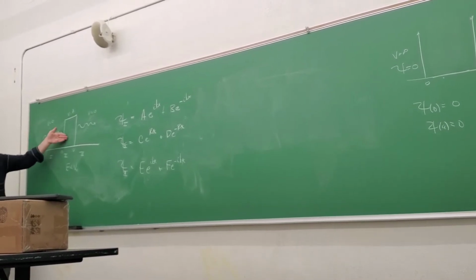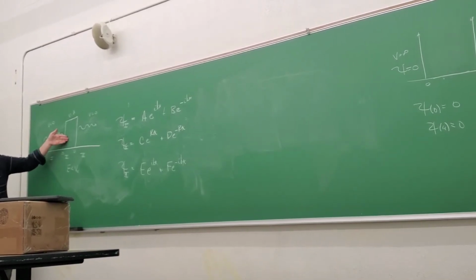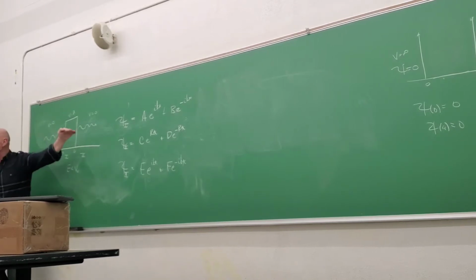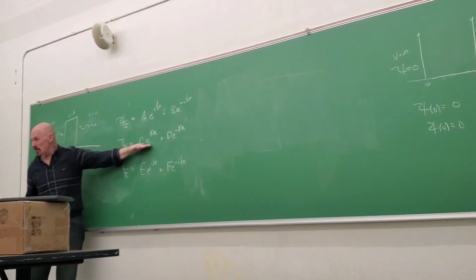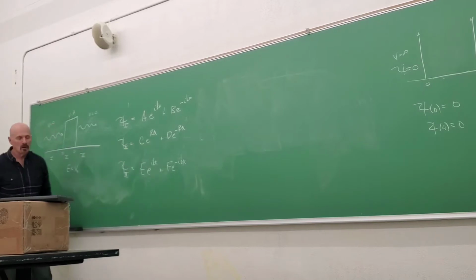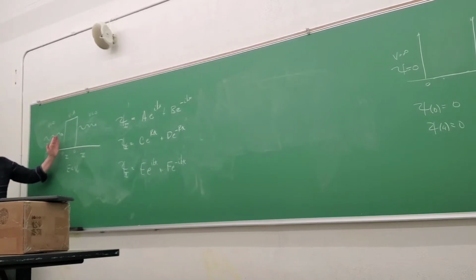There is a probability that the particle will exist in this region. It will be finite because this region is limited from 0 to A. If this A were to go to infinity, this term would explode and C would be 0. That is not the case here. The particle exists, the region is finite, so C and D both exist.